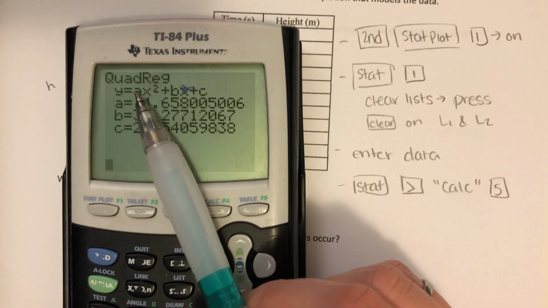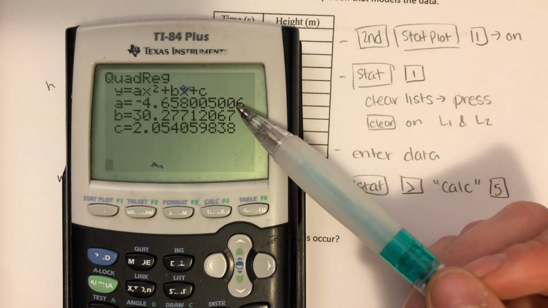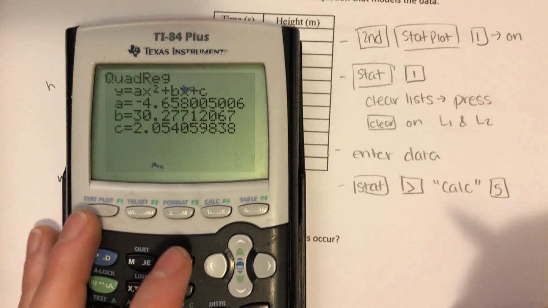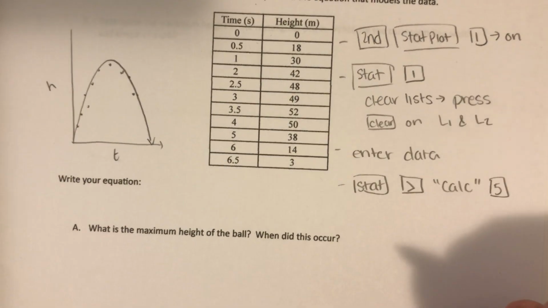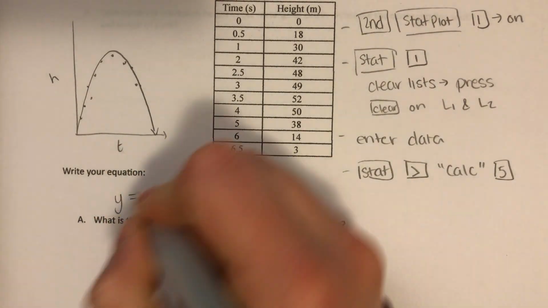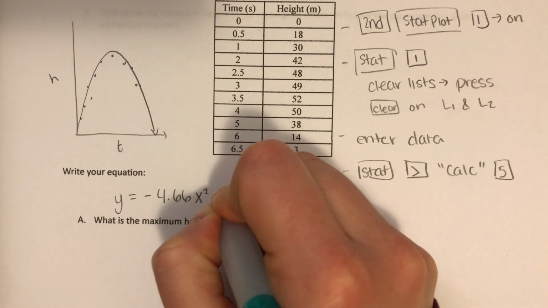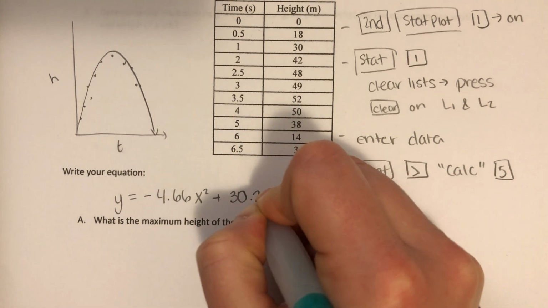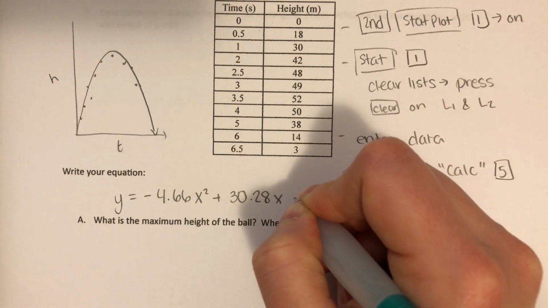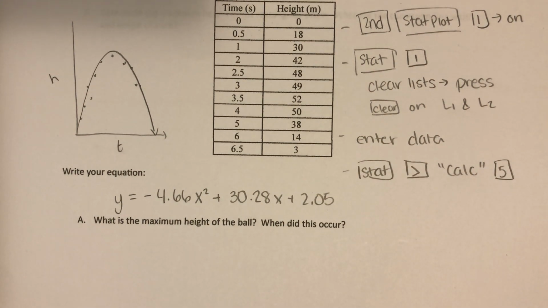So it tells us it's in the form ax squared plus bx plus c. That's a quadratic function. And then it tells us a, b, and c. I'm just going to round everything to the nearest hundredth. So y is equal to -4.66x squared plus 30.28x plus 2.05 is my equation.